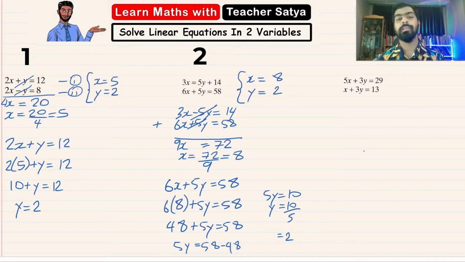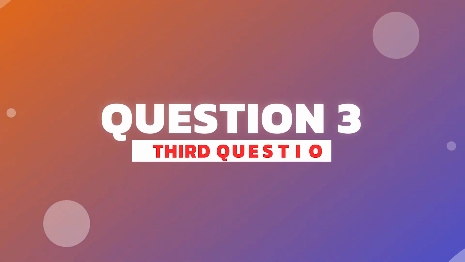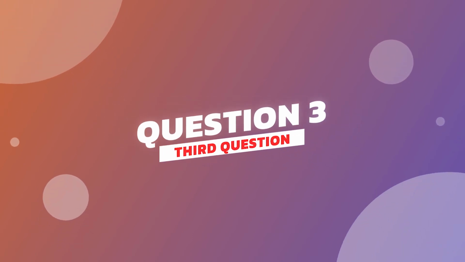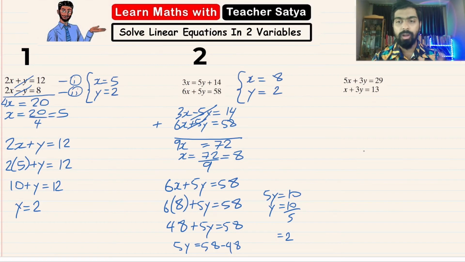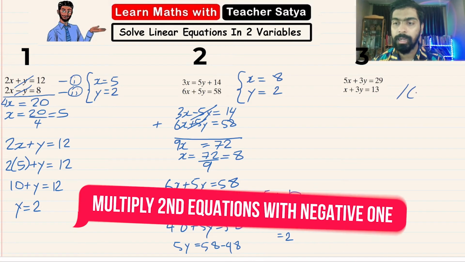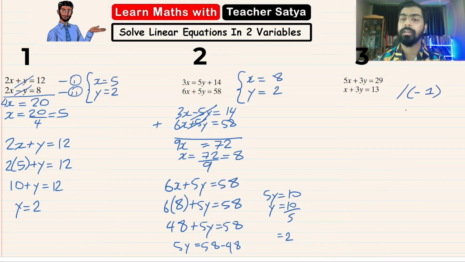All right guys, now let's go to the third type of question. Now in this question guys, we see that none of the variables can be eliminated directly, right? But in this case, of course, we can eliminate it. So what we're going to do in this one is multiply the second equation by -1.